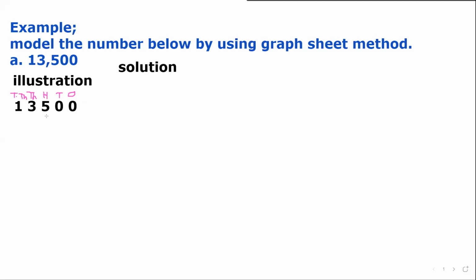Now we start with the last digit here, because you can't write the real value for the 0s. The 0 times 1 will give you the same as 0, and 0 times 10 will give you the same as 0. But this time, we have the face value of 5 times the place value, which is 100.